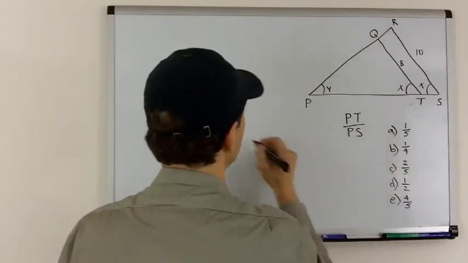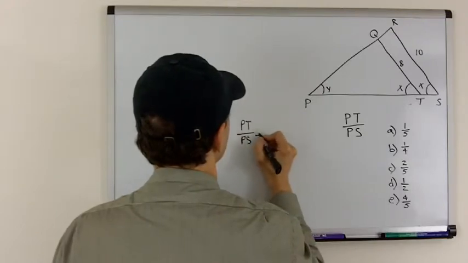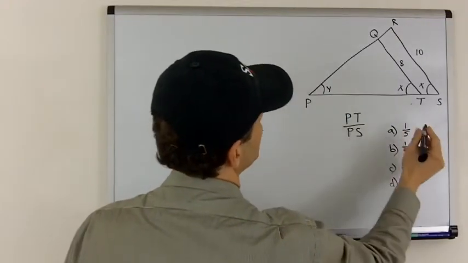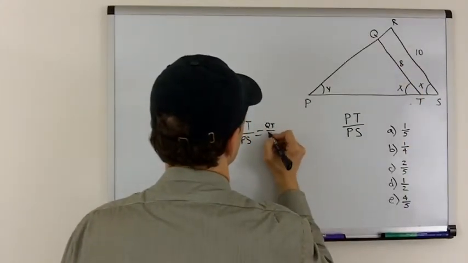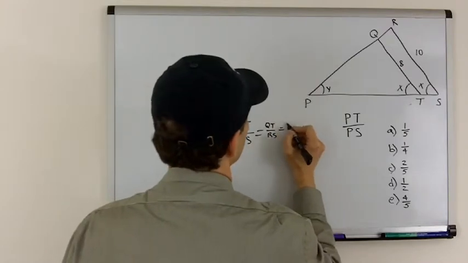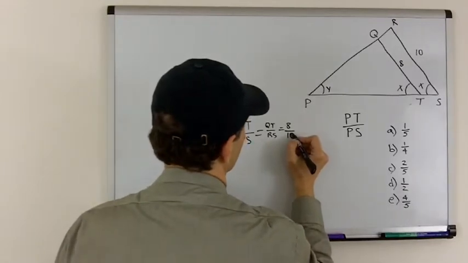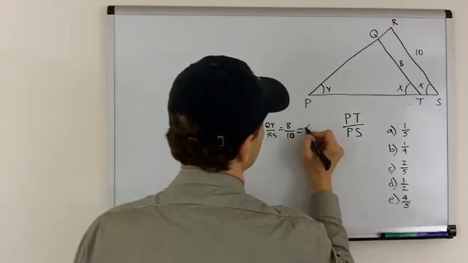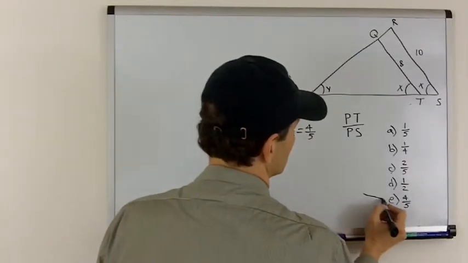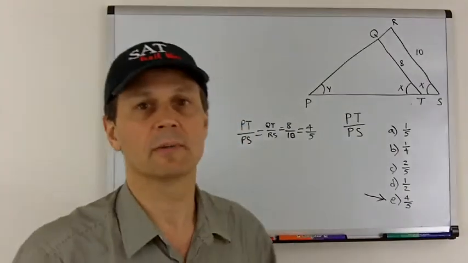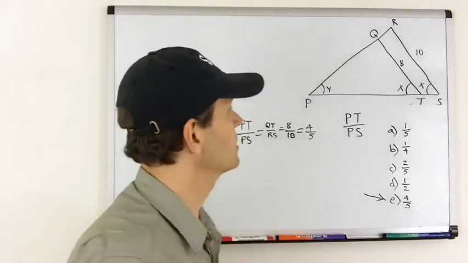So PT over PS is therefore going to be equal to QT over RS, which is equal to 8 over 10. And if we simplify that, that's going to be equal to 4 over 5. So 4/5 is our answer.